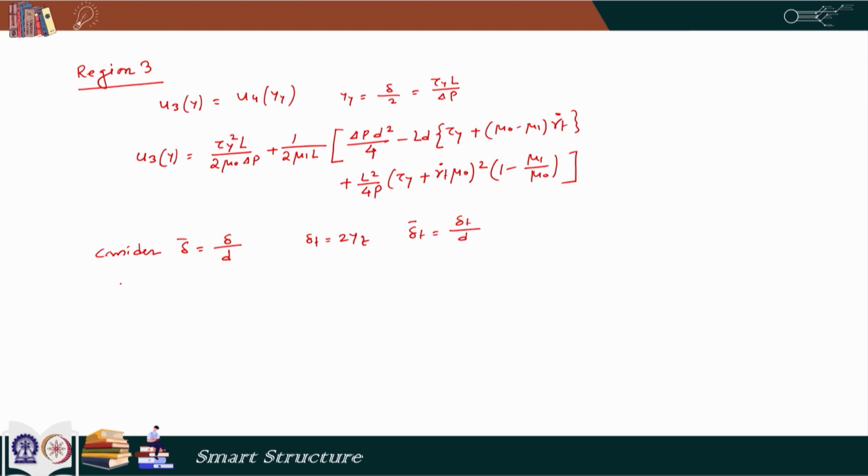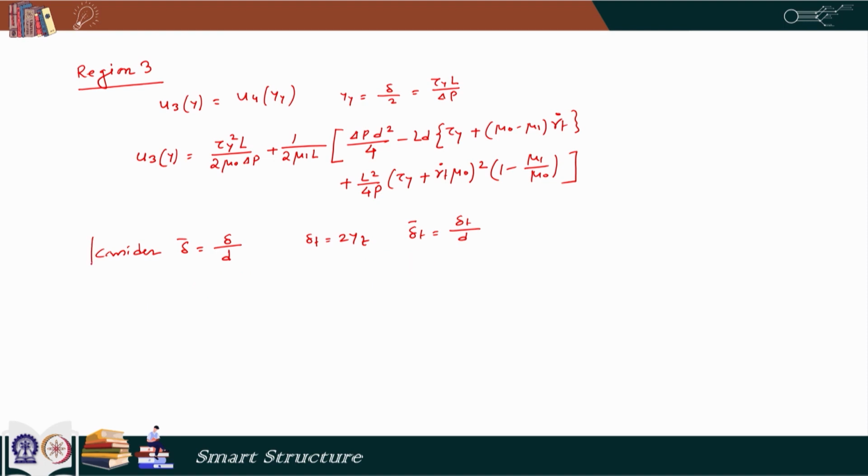So, after all this we can write u1 as a function of y in a non-dimensional form as delta p d square by 8 L multiplied by 1 minus delta t bar square divided by mu 1 plus delta t bar minus delta y.